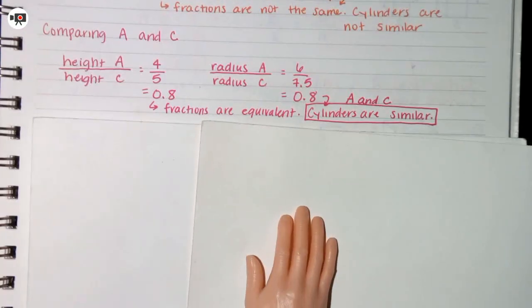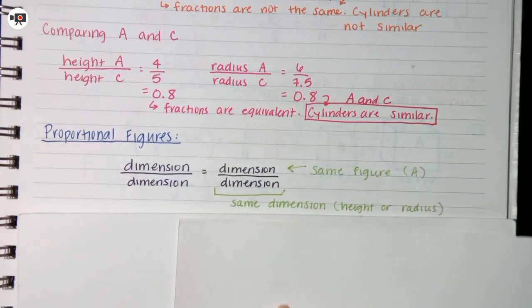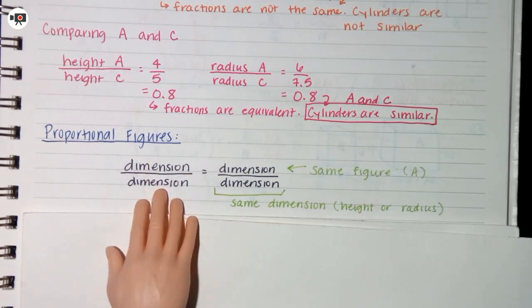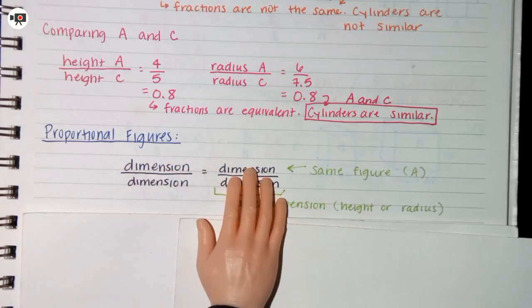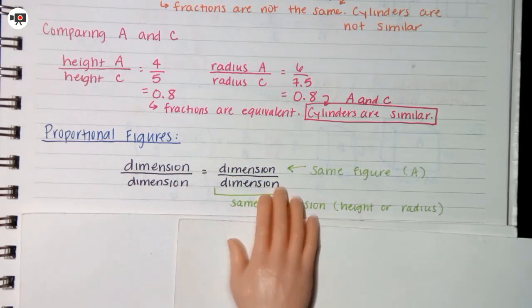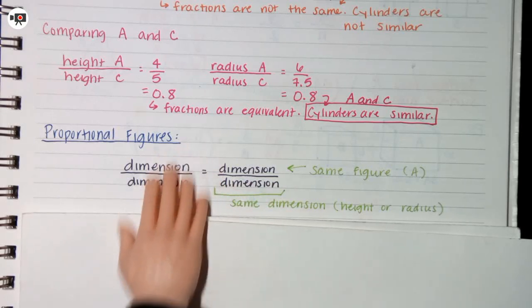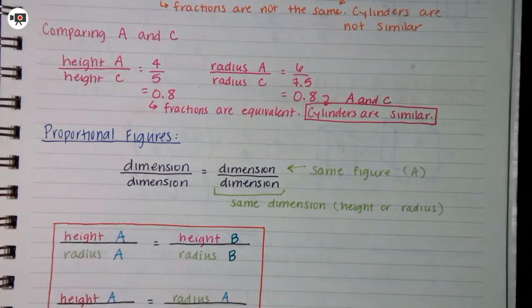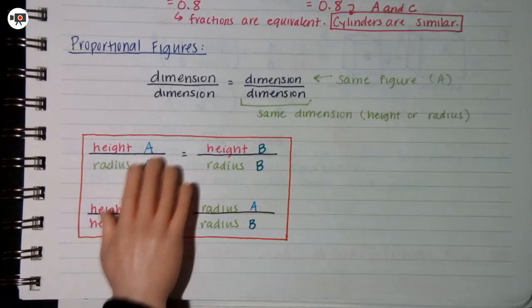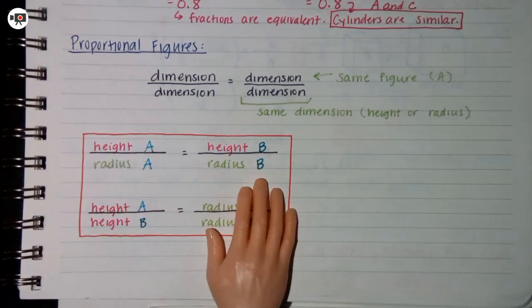Now we have a couple different ways we can set up proportions for our figures. They're all going to be dimensions. We can either put the same figure on top with the same dimension lined up, or we can put the same figure on top and bottom, and then the same dimension side to side. That would look like these two options, where we have A over A, B over B, height on top, radius on bottom.